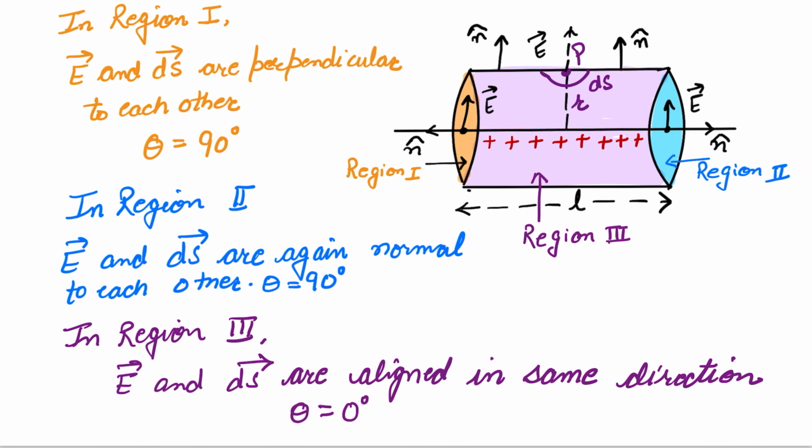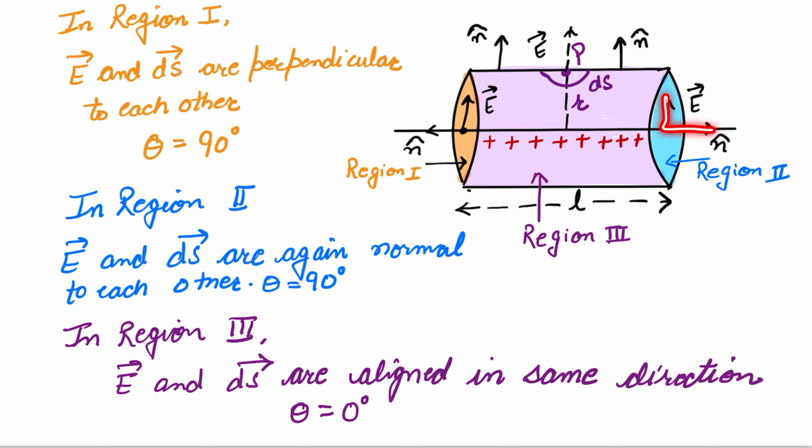Then we examine region 1. In region 1, the electric field is outward while the area vector has its normal in this direction. So the angle between the area vector and the electric field is 90 degrees. So theta is equal to 90 degrees. The same thing holds for region 2. N cap is the normal to the area element, which is in the outward direction.